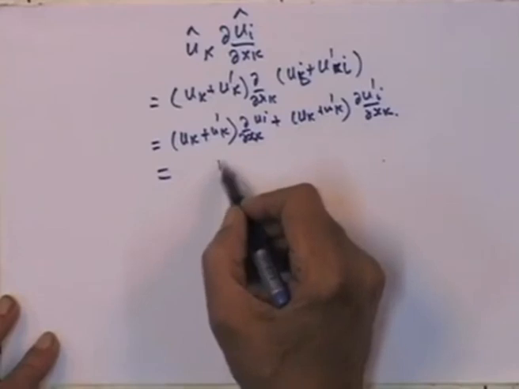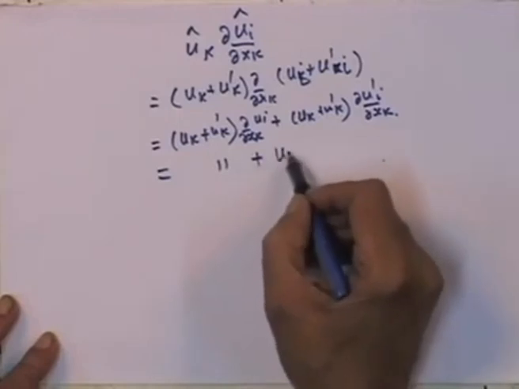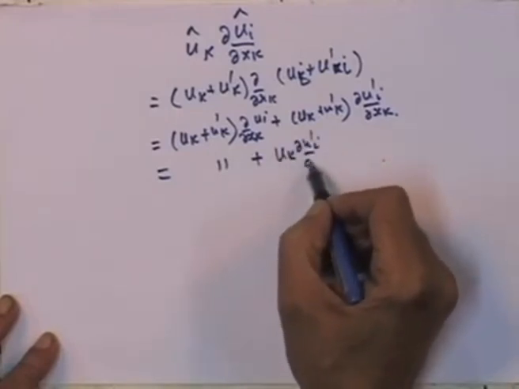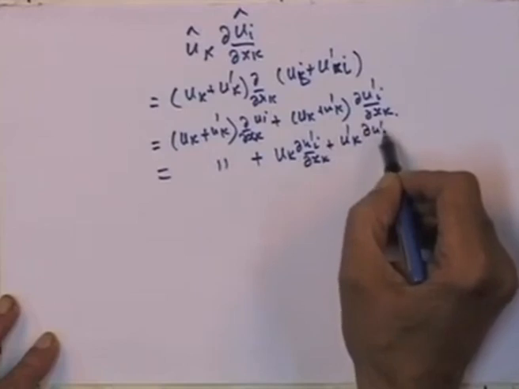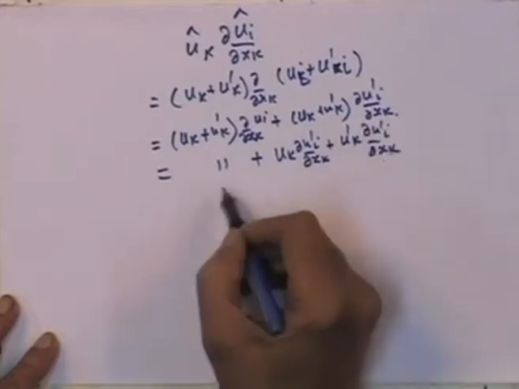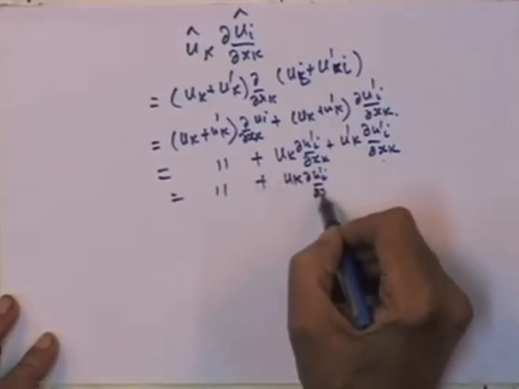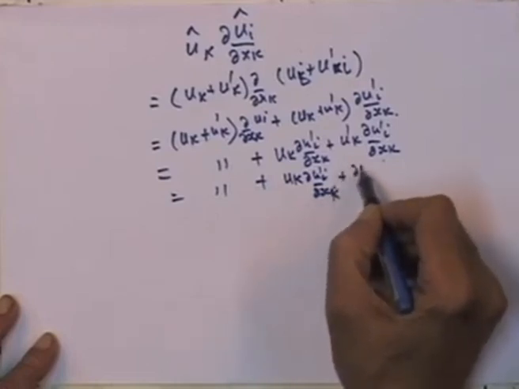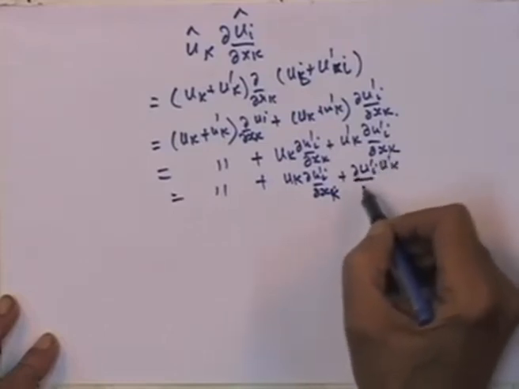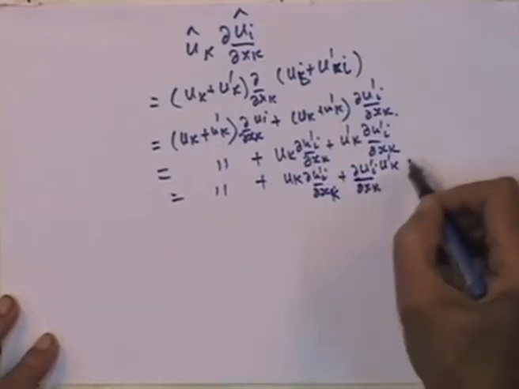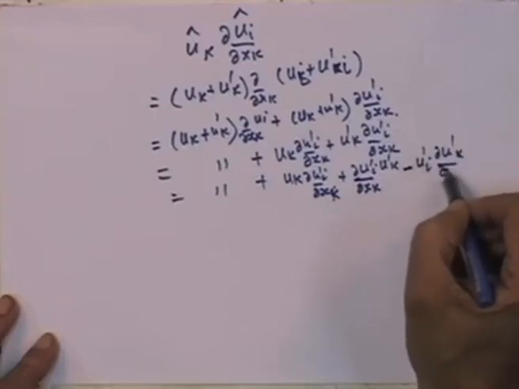So, this term remains as it is, plus U_k du'_i/dx_k plus u'_k du'_i/dx_k, and this equals U_k du'_i/dx_k plus d(u'_k u'_i)/dx_k minus u'_i du'_k/dx_k.